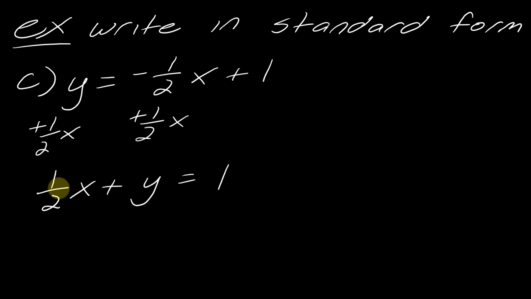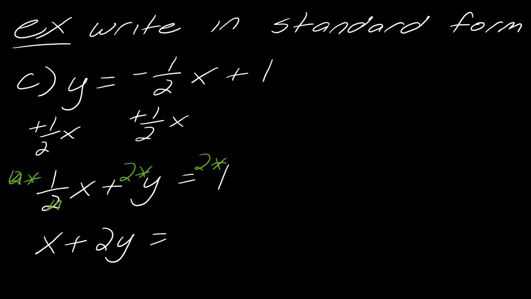Well, you have to cancel out the fraction, so you want to multiply everything by the denominator or the LCD of all fractions, which in this case is just the denominator of 2. So if I multiply everything by 2, these 2's will cancel out. So I'm left with x plus 2y equals 2, and now we're golden.